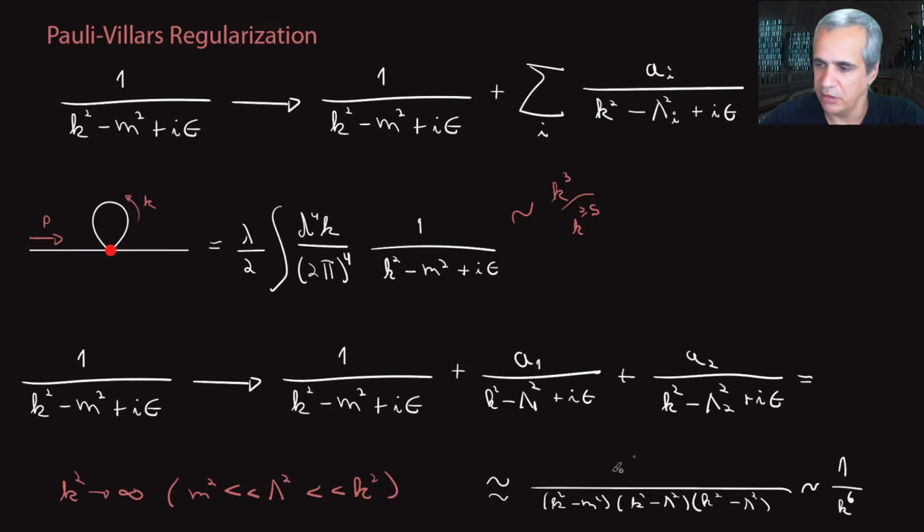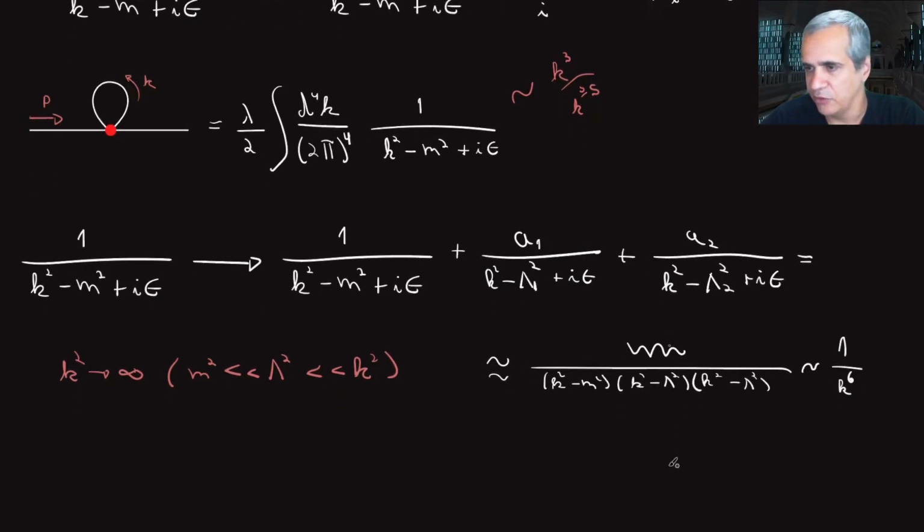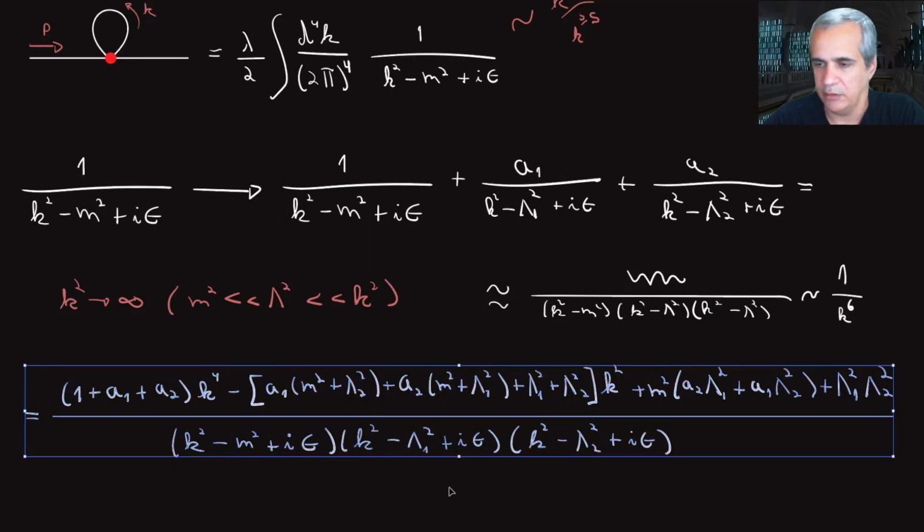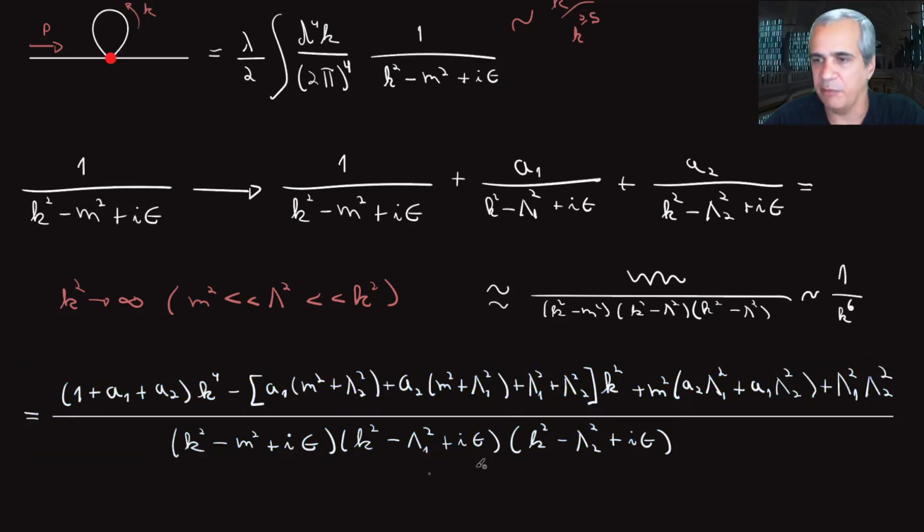Of course, this is somewhat complicated, so now I want to do this properly. The first thing is to write the sum of all these 3 terms. I'm changing my loop calculation, replacing this propagator by this sum, and I have to do the sum. I'll spare you the algebra, because this is the answer. There's nothing but algebra here.